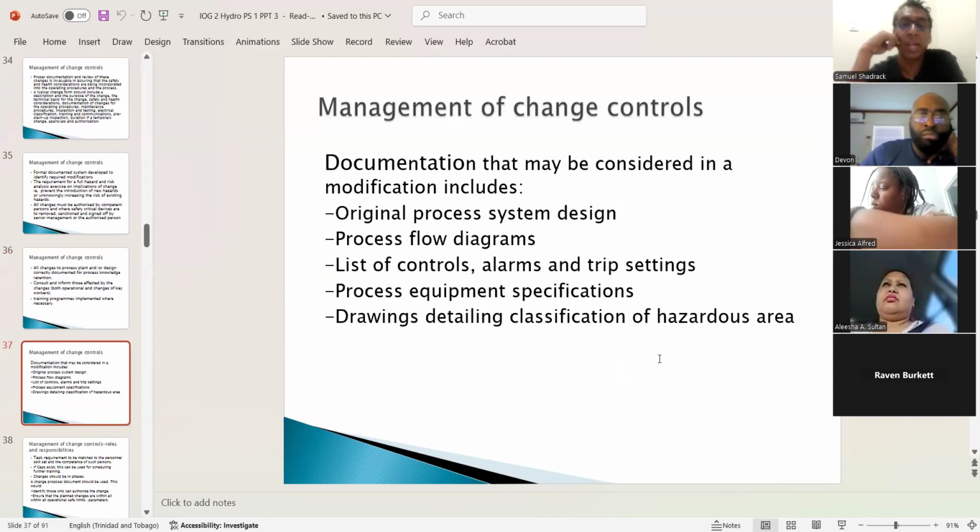Documentation that may be considered in the modification includes the original process system design, process flow diagrams, list of controls, alarms, and trip settings, process equipment specification, drawings, and detailed classification of hazardous areas, right? So that could be the same as the documents, right?